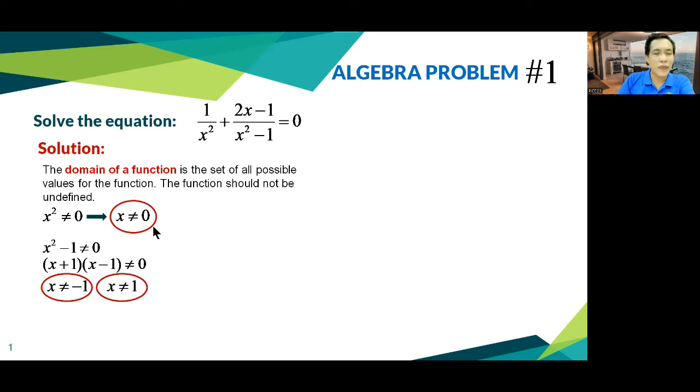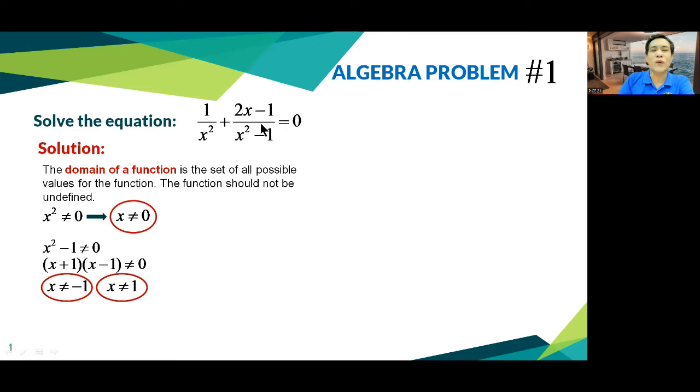Alright? So, meaning, x can assume any values except these numbers, 0, negative 1, and 1. Why? Because if the value of x is 0, this is undefined. When the value of x is negative 1, let's say for example, negative 1 squared, that's 1. 1 minus 1 is 0.